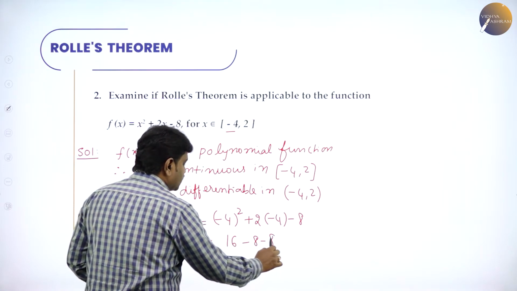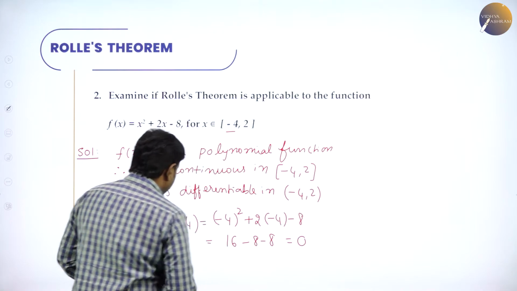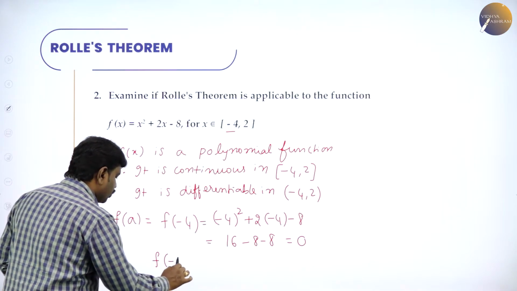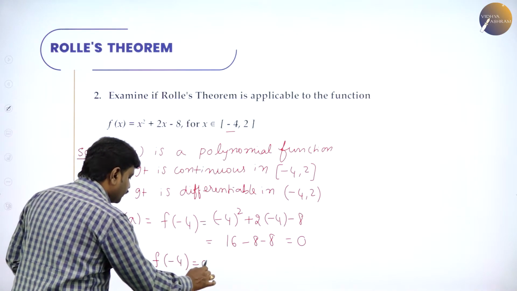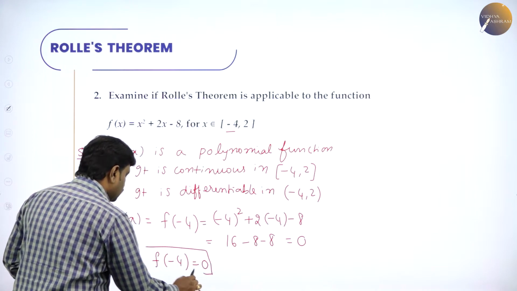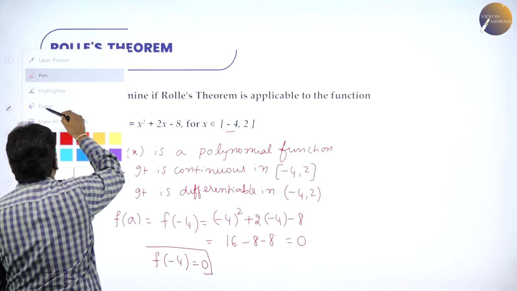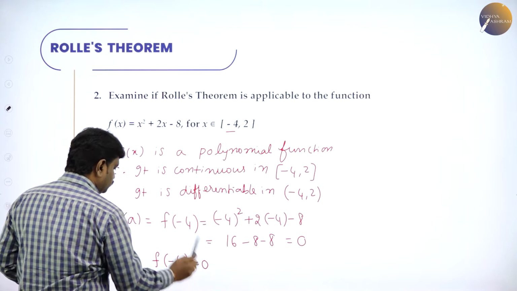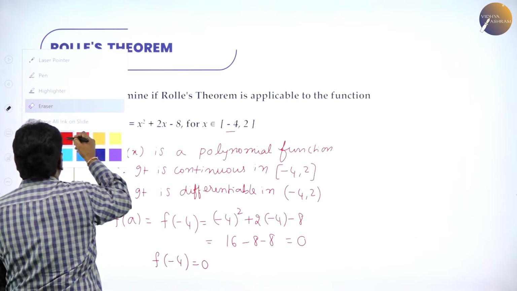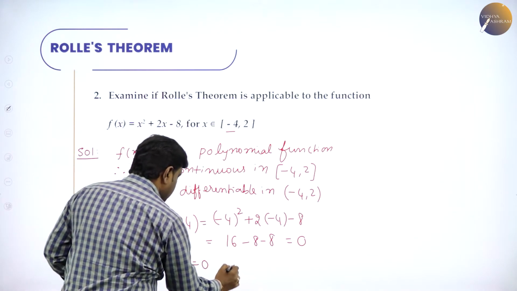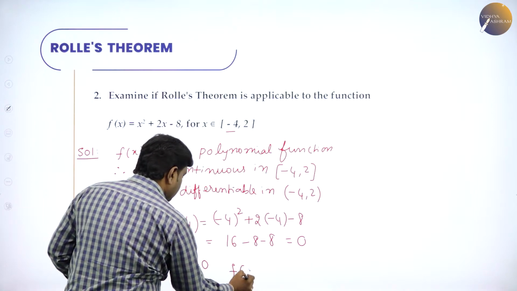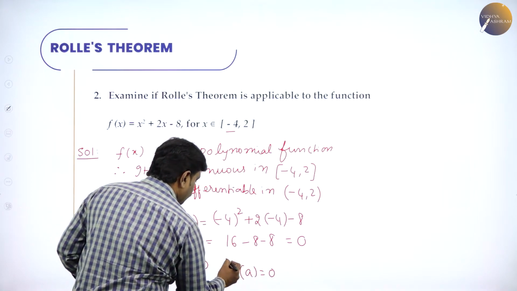So 16 minus 8 is 0. So f of minus 4 is 0, or we say that f of a is 0.